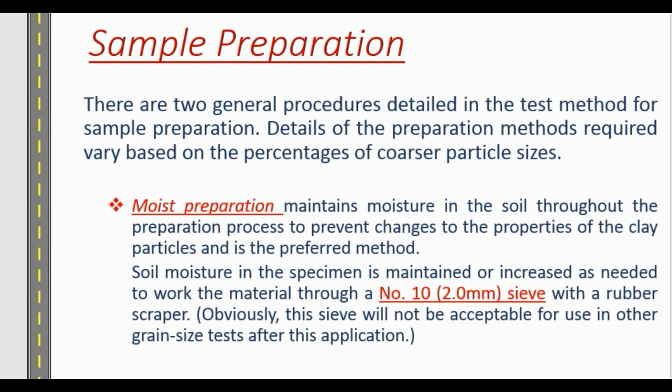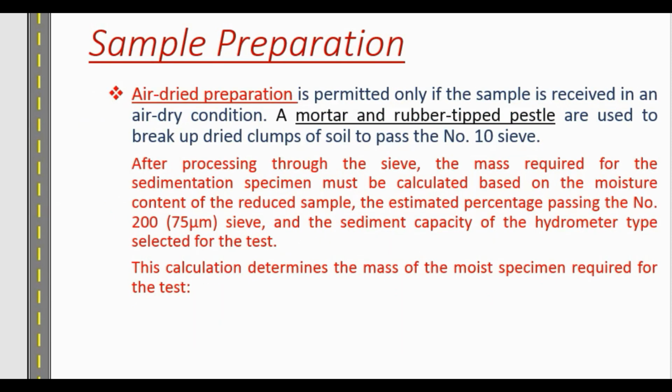In this we take a soil sample in moist form, obtain its moisture content, pass it through the number 10 sieve and prepare our soil sample. On the other hand, the second method is the air dry method, which is not preferable. It is permitted only when we have received the soil sample in air dry condition.